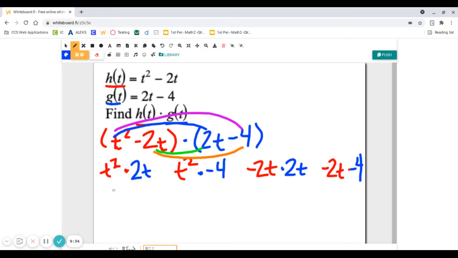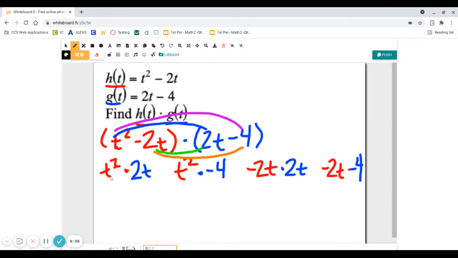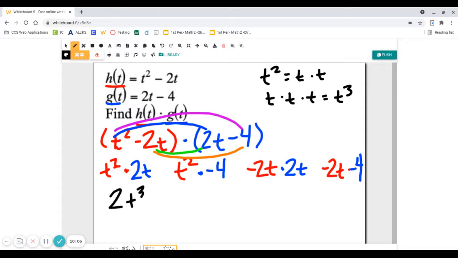So the first thing we want to do is multiply our first set of numbers, which is t squared times 2t. Again, keep in mind, t squared is t times t. And for this first part, I have a t squared, which is t times t, and then I have the 2t. And that means that's going to be to the third power. The coefficient is 2. So I have 2t to the third.